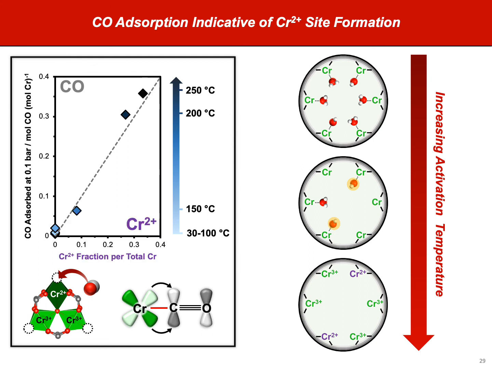Not only that, but I also see that my CO adsorbed at 0.1 bar tracks systematically with the Cr2+ fraction that I estimate either from infrared spectroscopy or in the presence or absence of NO.